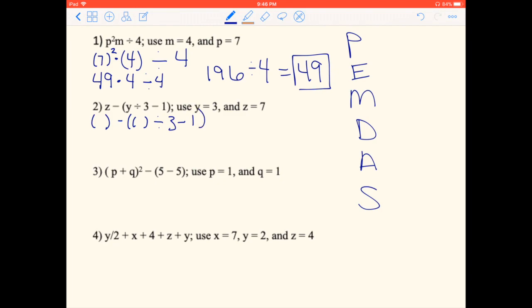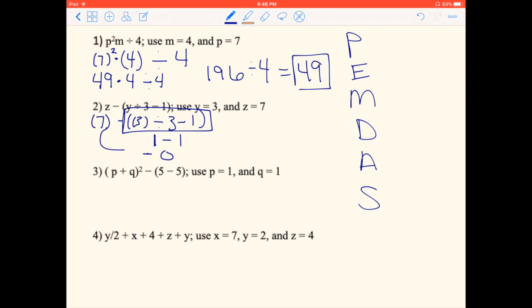So y equals 3, so I'm going to put a 3 right here, and z equals 7. So let's do our PEMDAS. Because of PEMDAS, we have to do this parenthesis part first. Within the parentheses, we've got to do that division first. So always follow your order of operations. 3 divided by 3 is 1. Minus 1 will give us 0.